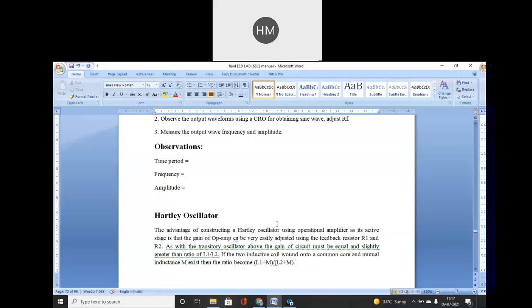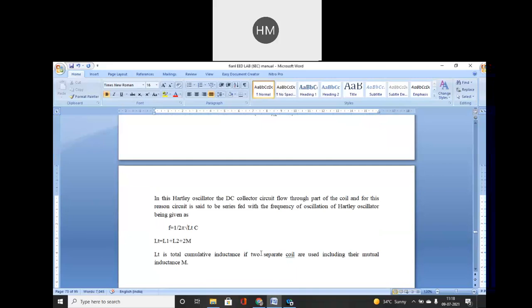Okay students, in the Hartley oscillator we are replacing these components by an L and C combination. The circuit of Hartley and Colpitts oscillator, you can design any of them. Okay, in this Hartley oscillator the DC collector current flows through part of the coil, and for this reason the circuit is said to be series fed.